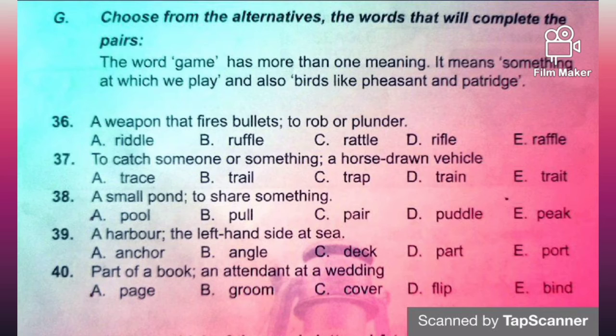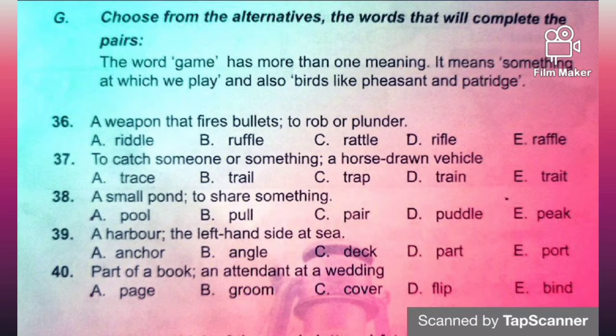Let's start with that first. Option A, riddle, B, ruffle, C, rattle, D, rifle, E, rifle. Now, rifle is a weapon that fires bullets. Does it also mean to rob or plunder? Yes, it does. So our answer is D. Do you understand that? Good.